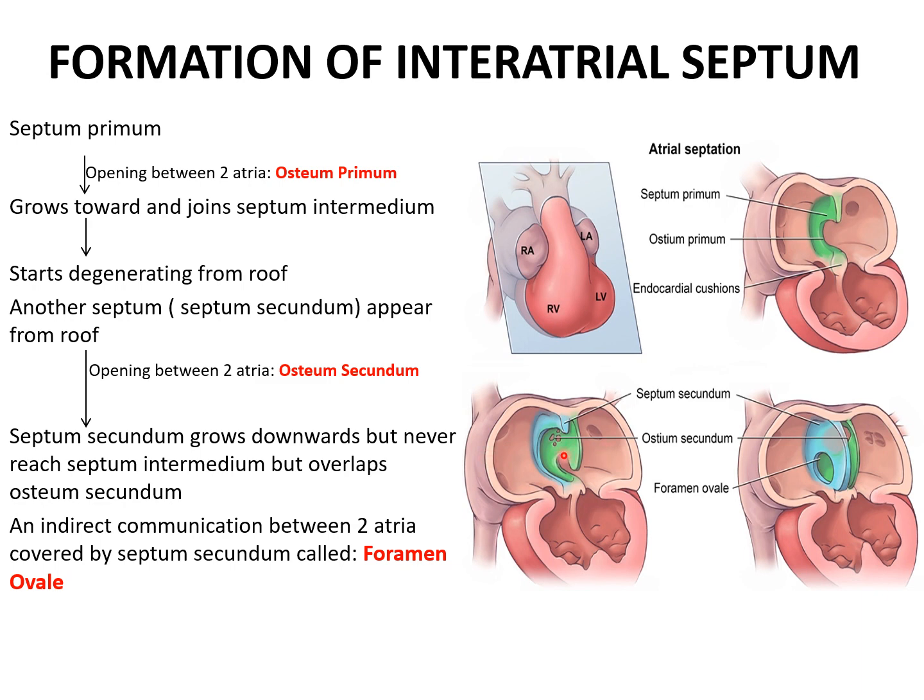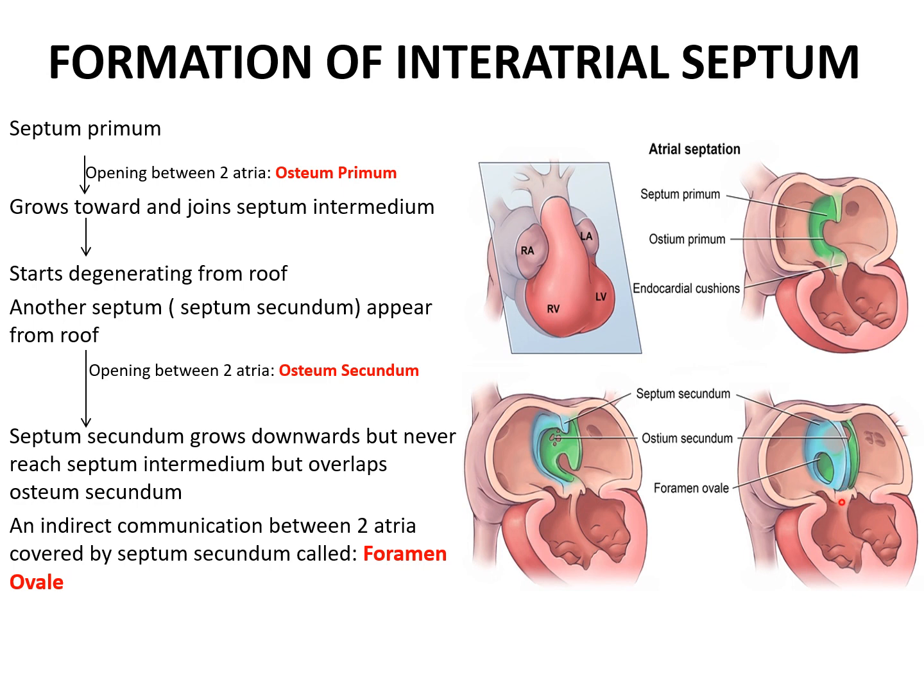As soon as the degeneration starts in the upper part, just to the right of septum primum, another septum appears from the roof, which is also a sickle shaped septum, and this is called as septum secundum. This septum secundum also grows towards the septum intermedium, but it does not totally fuse with it.